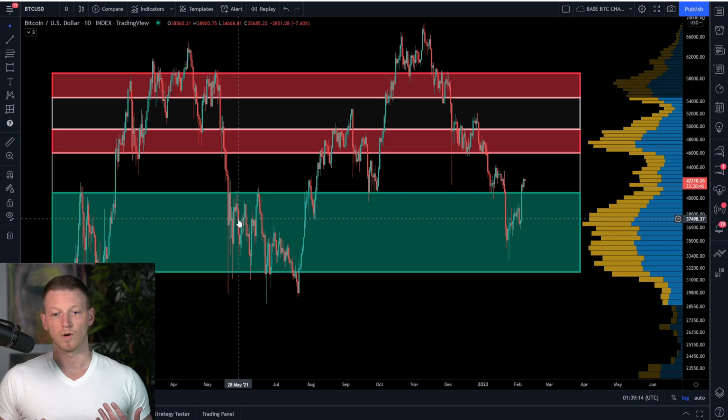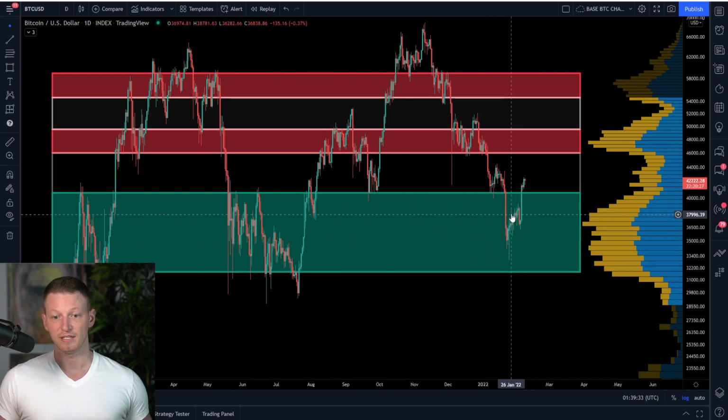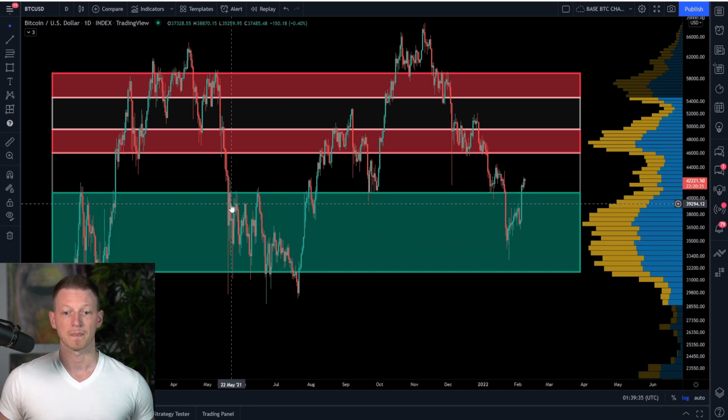And that's sort of reminiscent of what we saw back in May. We dropped below this level. Once we got there, we just fell down. And recall, back on May 19th, we had a wick all the way down to $29,600 on that day. So, like I said, very reminiscent of what we saw back then. All right.